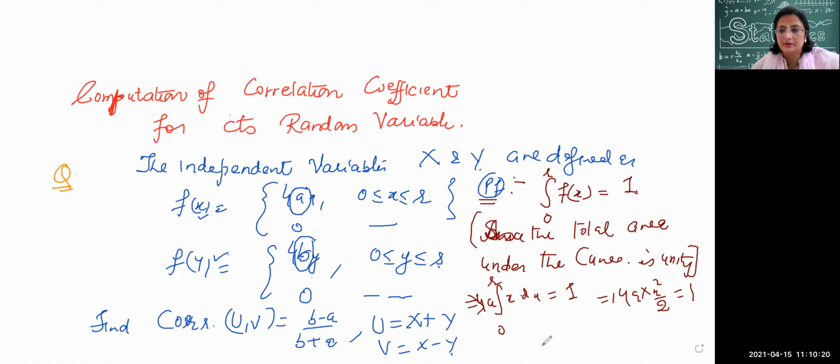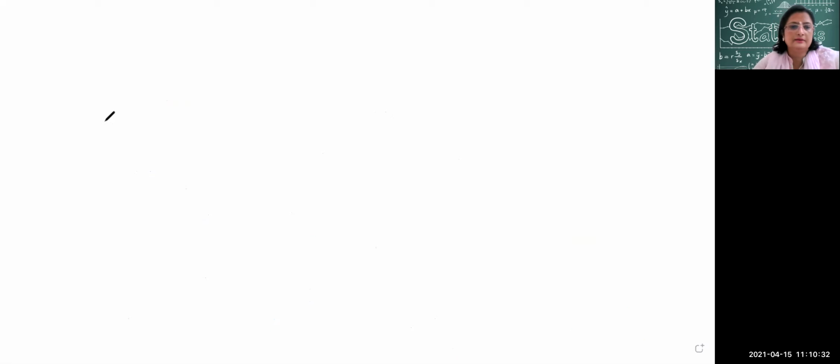Putting in the limits, this is 4a into r square divided by 2 is equal to 1. So it implies 2a r square is equal to 1. It implies what you want to find out, a. So a is equal to 1 by 2r square.